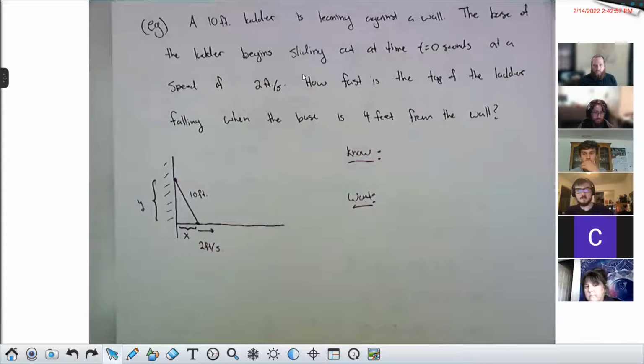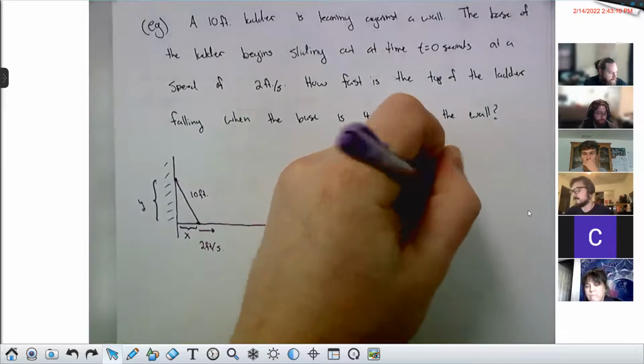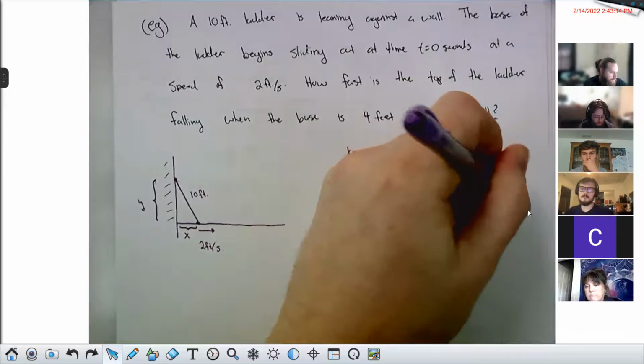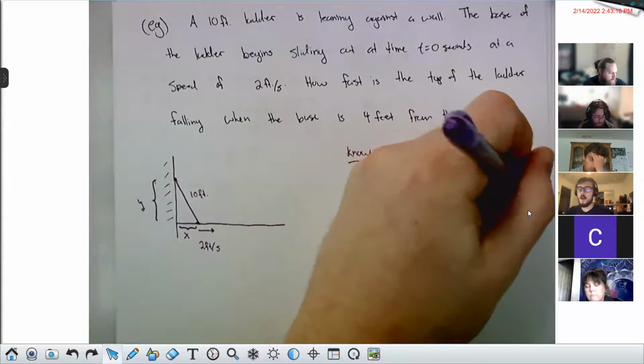Yeah, so that is a thing that's going to show up here somewhere, right? I want to know how fast the top of the ladder is falling when the base is 4 feet from the wall. And that's going to show up under my want here. So I want something at the moment when x equals 4.